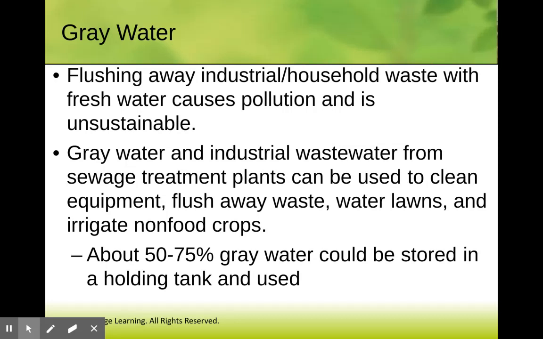And if you can store about half or 75% of the gray water into a holding tank. Gray water is not something that has feces in it or any type of body excrement. So you don't want the diseases that could be from feces or any type of bodily substance. You don't want that. Anything from washing dishes, faucet use, showers, and all that, the gray water can be efficient that way.